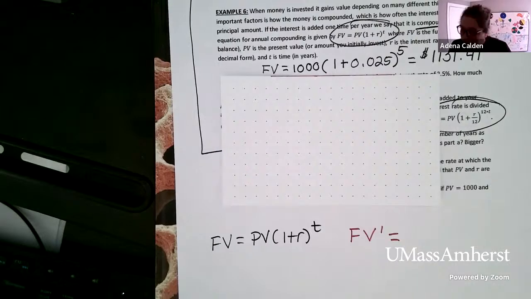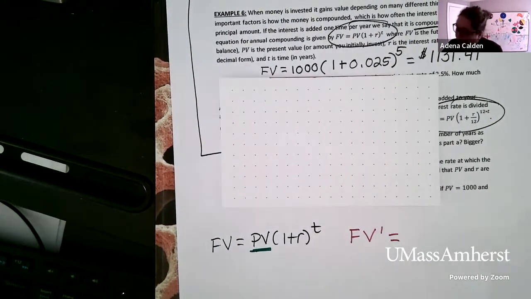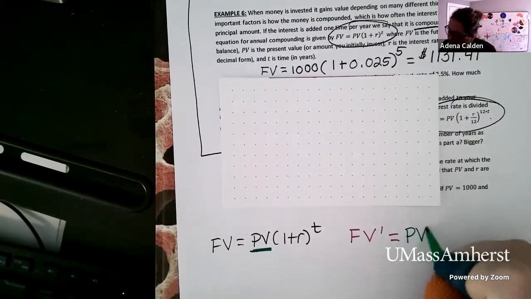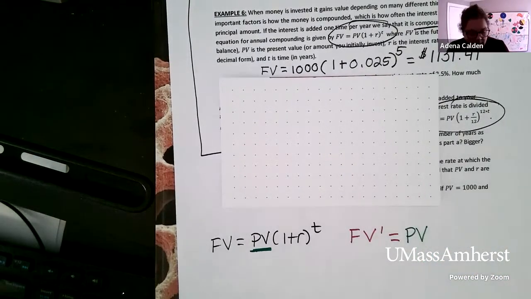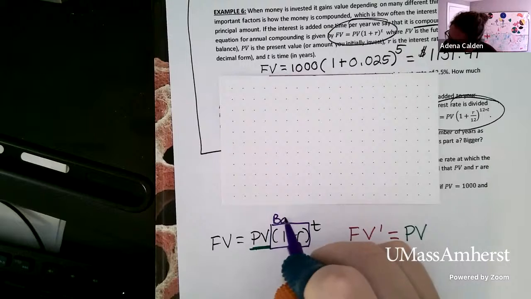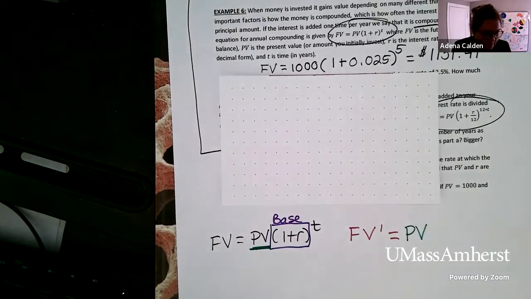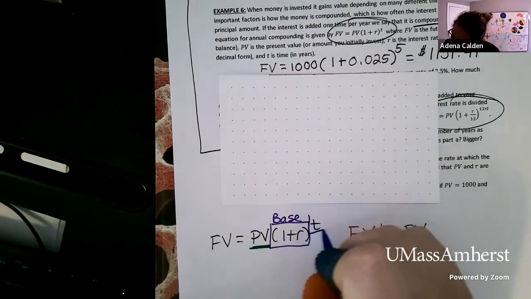And so here we do have a constant multiple. This PV is a constant, which means that it's going to multiply the derivative of the function. Now, when we think about the function, we have 1 plus r, which is the base, and we have t, which is the power.